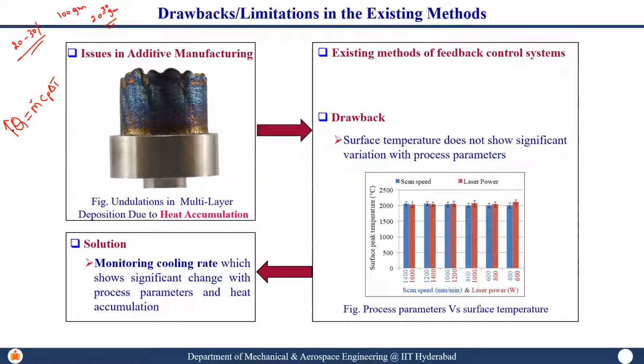So if I keep on increasing my Q value, instead of delta T increasing, your powder catchment efficiency increases. Why is it so? For some amount of Q, this is the molten pool you have. Now you have increased to Q2, which is greater than Q1. Then obviously this molten pool size will increase.